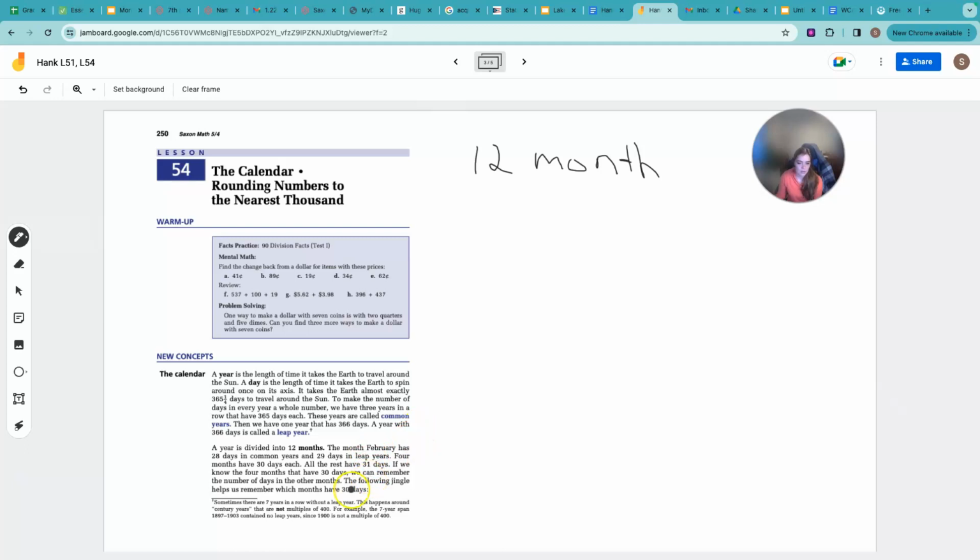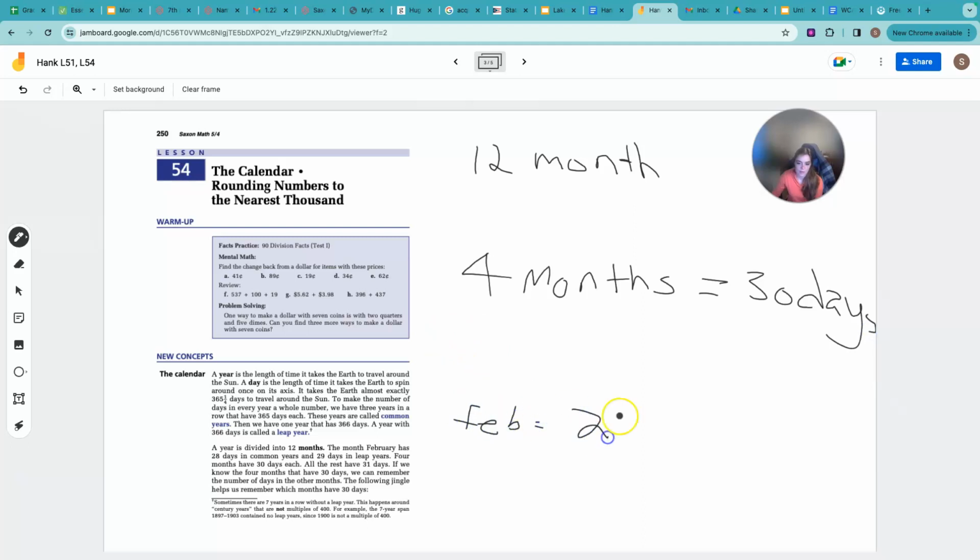So if we remember that, we know that 4 months have 30 days, and all the rest have 31, except February. February is the outlier. February has 28 to 29 days, depending on if it's a leap year or not. A leap year happens every 4 years.